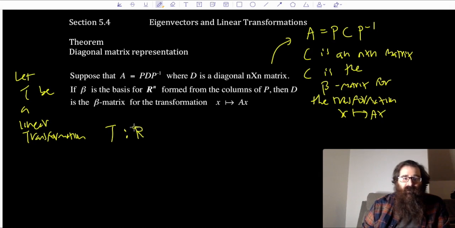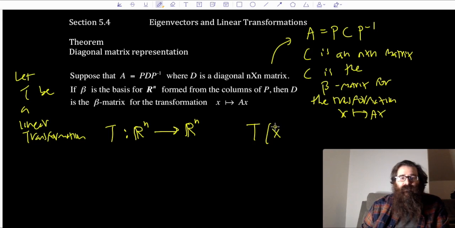It's going to take a vector in vector space Rn and map it to another vector in vector space Rn. So it takes some input vector in Rn and maps it to some output vector in Rn. And just as we described this transformation back in section 1.8, we'll say that transformation T takes input vector x and maps this to A times x as the output vector.